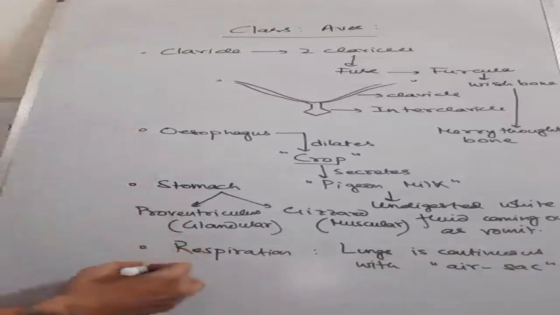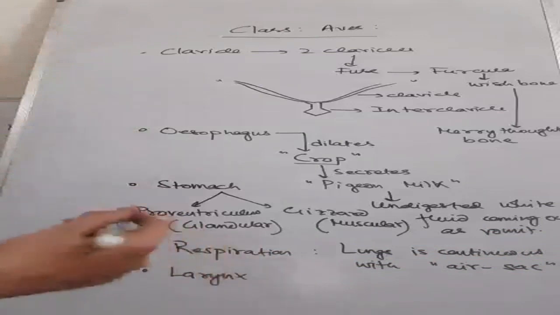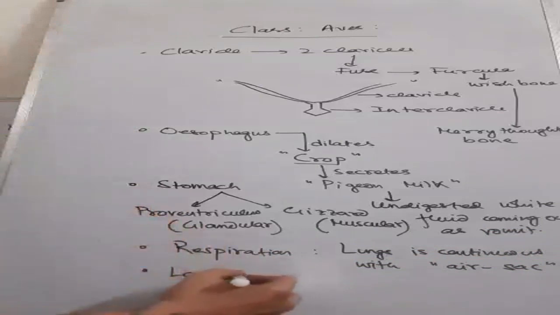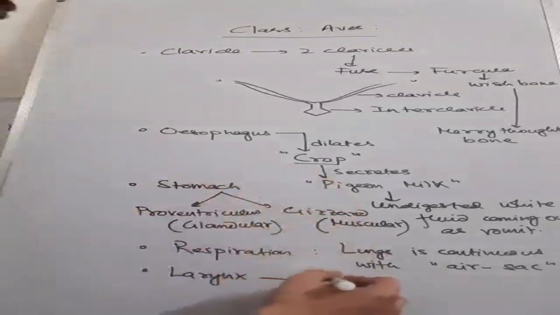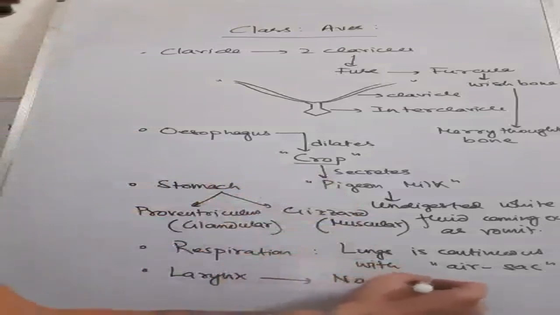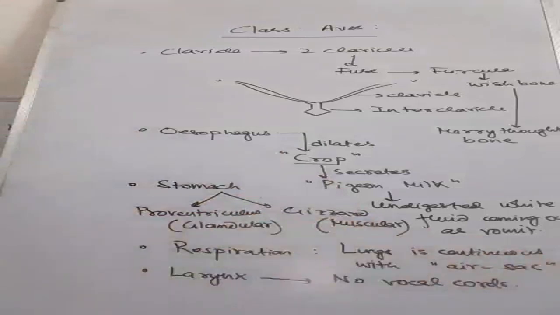Now their larynx. We all know the larynx is known as the voice box because it contains vocal cords. But their larynx doesn't have vocal cords. No vocal cords in their larynx. So how come they make sounds, sir? Very interesting thing. How does the sound come from a bird?